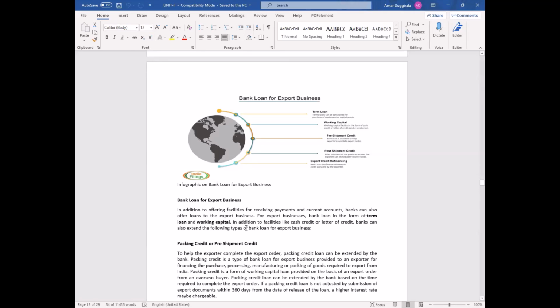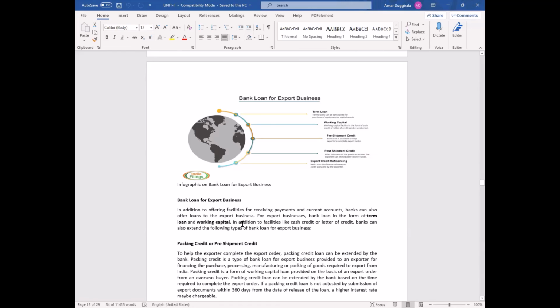And we all are aware that the government is vehemently proposing and promoting the Make in India scheme, where they're calling for even foreign companies to come to India, establish their plants, and start working on manufacturing and export from here. You come here, manufacture here, and sell outside. Give employment to our people. Give our people an opportunity to show their skills, being the youngest country in the world. So this is what bank loan for export business is.